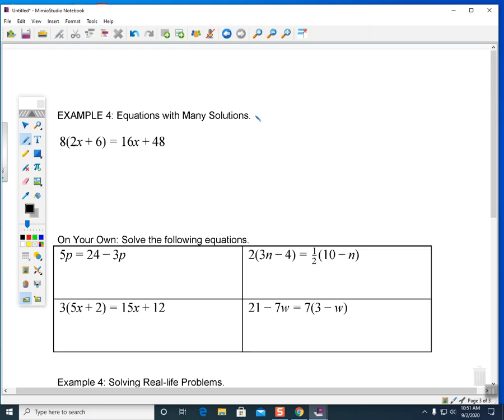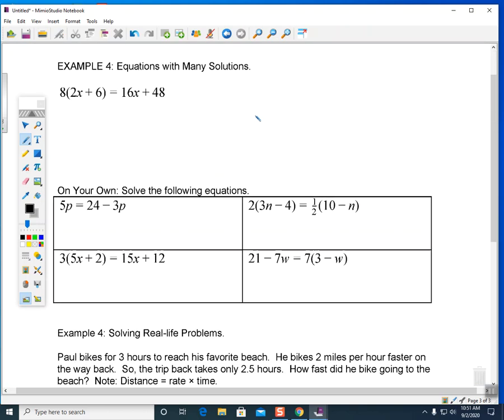All right, the next one we're going to look at is an example where they have many solutions. We'll start by distributing again. So 8 times 2x gives me 16x. 8 times 6 gives me 48, so I've got 16x plus 48 equals 16x plus 48.